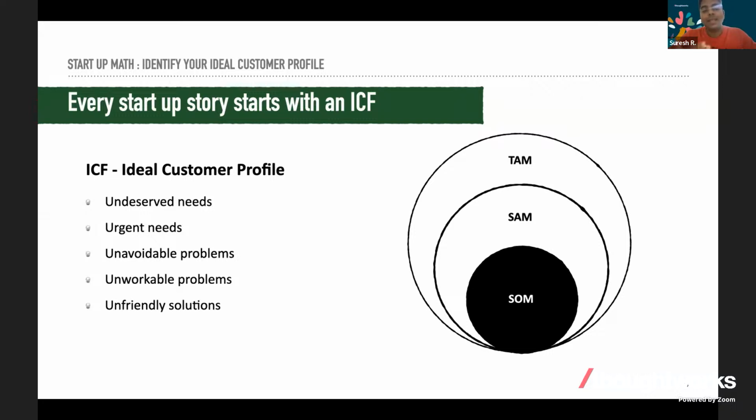And then unworkable problems. Unworkable problems are those problems of customers that, if not addressed, are going to be a make or break deal for them. And then unfriendly solutions is something that we can also look at when we build our ideal customer profile.